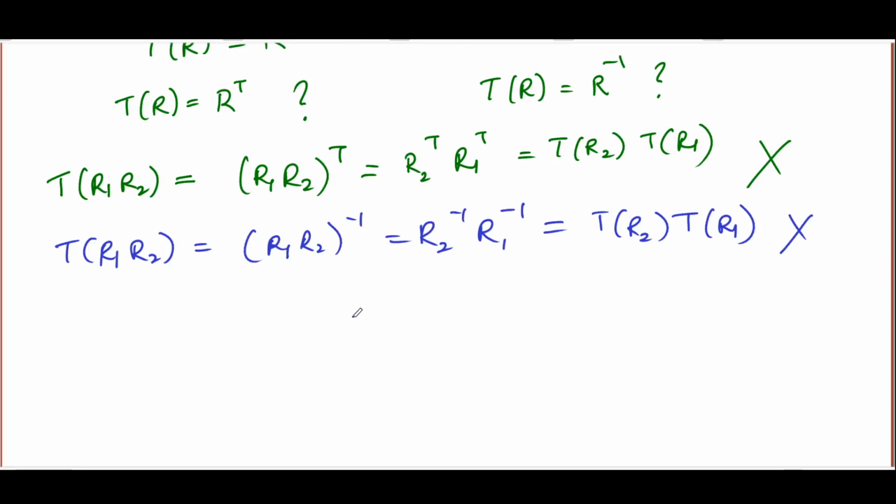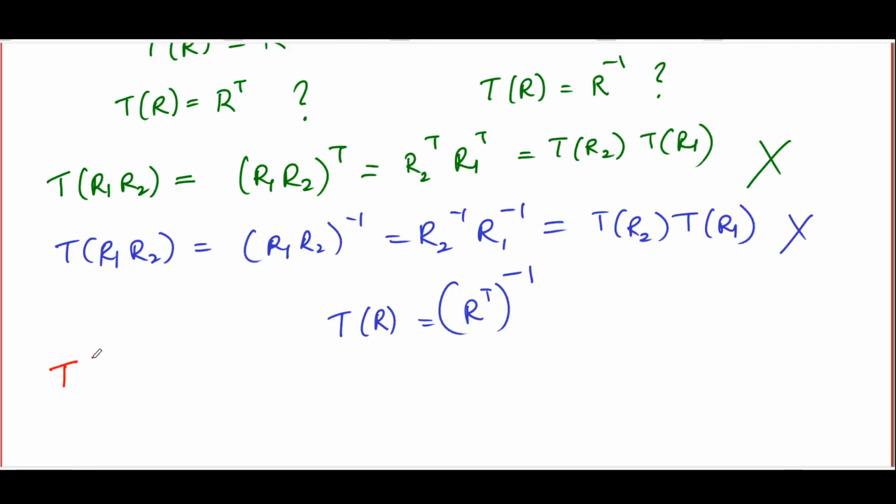Well, now that we have met with two failures, why don't we just try combining the two failures into one transformation rule? What about T of R is R transpose inverse? Well, given the fact that both of our earlier attempts failed because of a reversal of order, it might very well seem reasonable to expect that this will actually work, because two reversals will get you back to what you wanted.